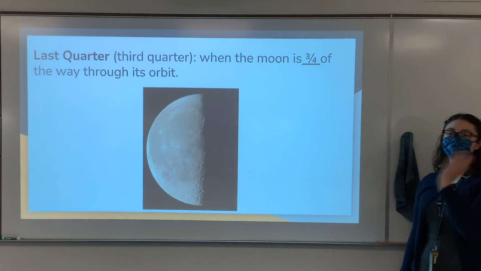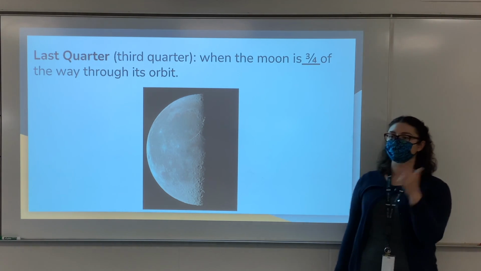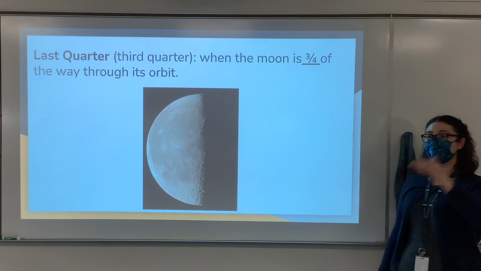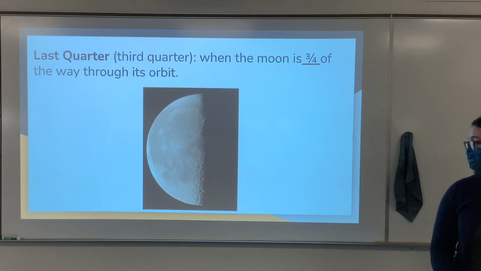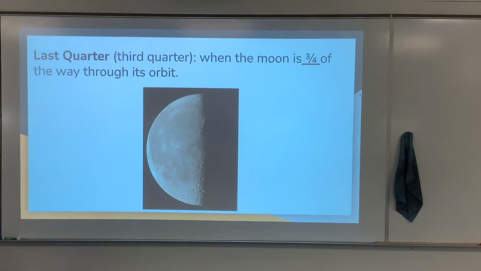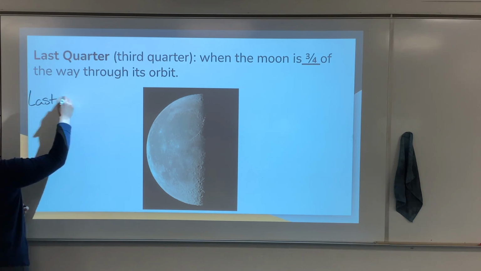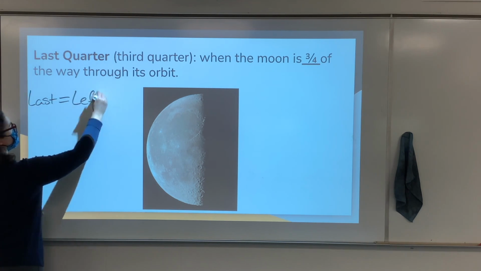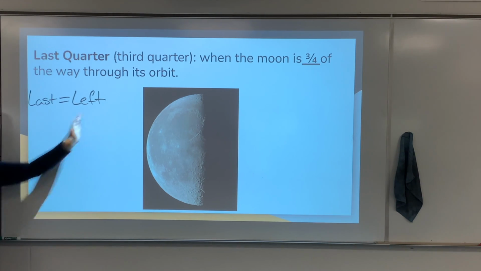In the last quarter moon, you're going to see the left half of the moon illuminated. So last quarter, left half. That's kind of the big thing to help you remember this. Last quarter means left half of the moon.